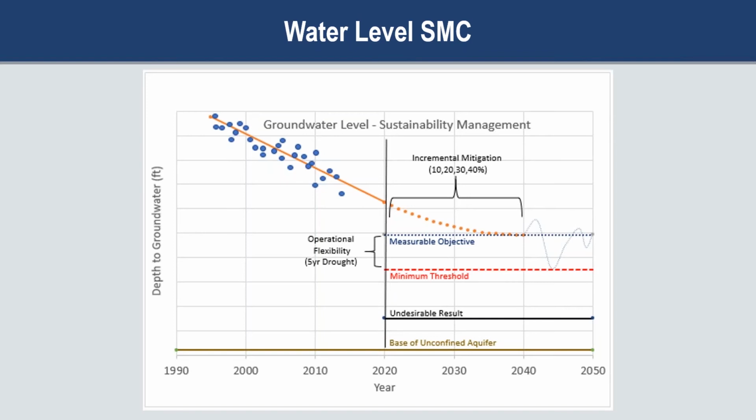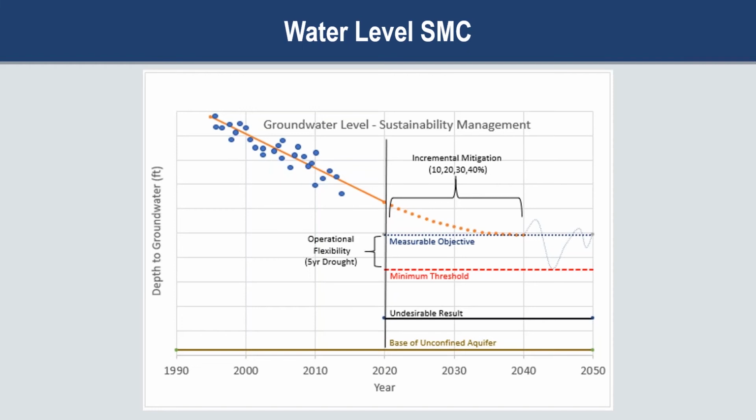The ultimate goal is that in 2040, our rate of decline should be the measurable objective, which is hopefully 0. It's not declining on average. So based on that rate of decline, we came up with a water level in 2040, and that water level measurement in 2040 is the measurable objective. So that's why we have the measurable objective line at the 2040 water level.